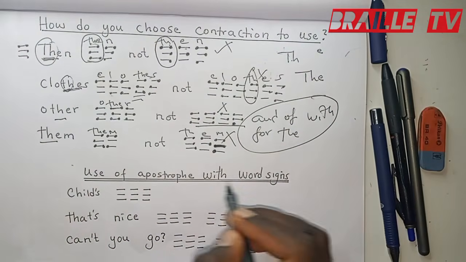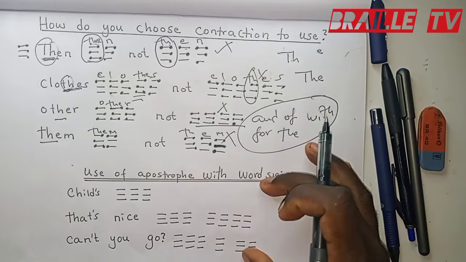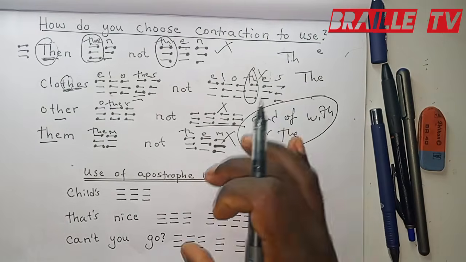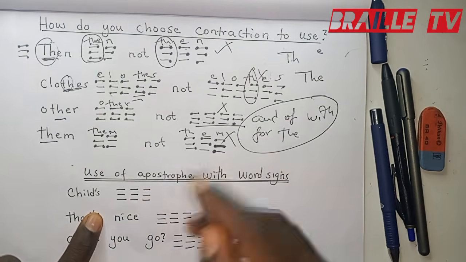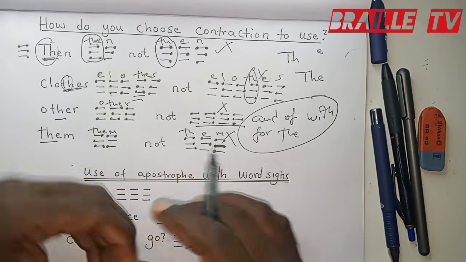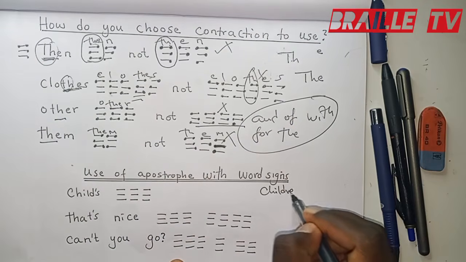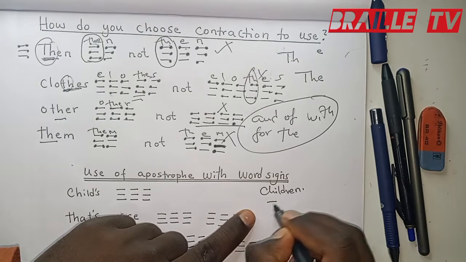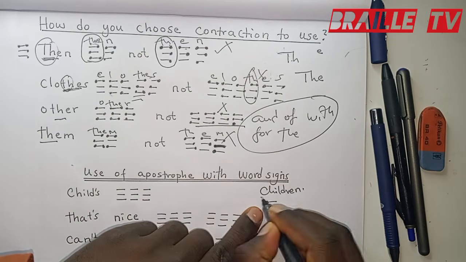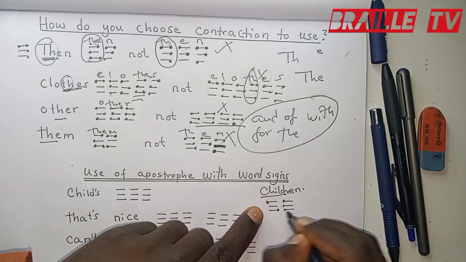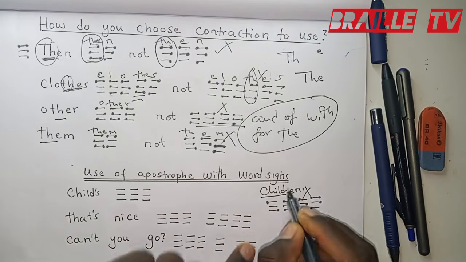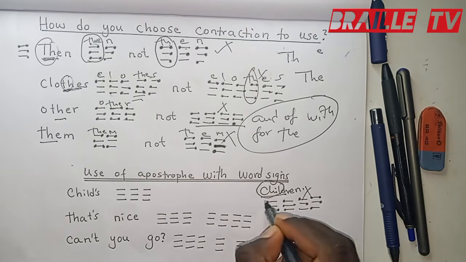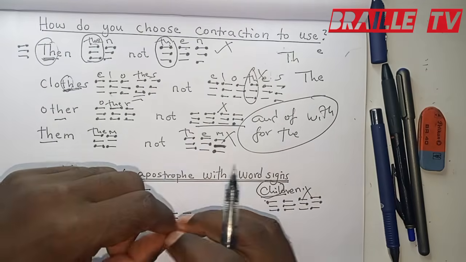Use of apostrophe with word signs. So teachers, we have rules that we are supposed to follow when you're using this apostrophe. For example, "child's". Remember, I said the word signs are written when they read as they are. For example, "children". Do not make the mistake of contracting "child", because we said child is this one up to here, and then you say R, then E, and then N. That one is very wrong, because we contract "child" when it is alone, with no other letters added to it.